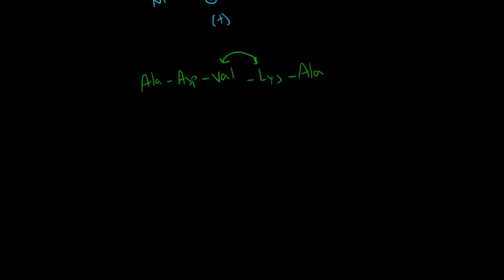So if we draw our polypeptide backbone again as a straight line, we have our alanine on the bottom, so CH3. I have my aspartic acid, which we know is a carboxylate, so a negative charge. I have a valine, which is this branched chain amino acid, a lysine, which is 1, 2, 3, 4 carbons and then our NH3.